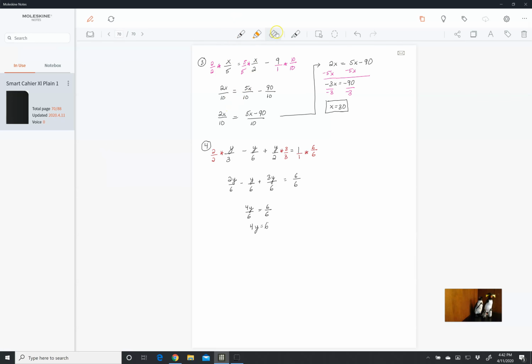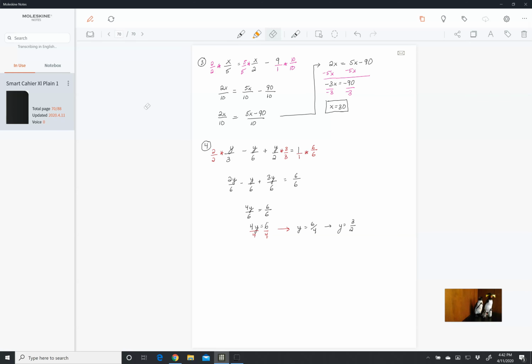Right, we set our numerators equal to each other. And then we can divide both sides by 4. And that means y is equal to 6 over 4, which is really just y is equal to 3 over 2.